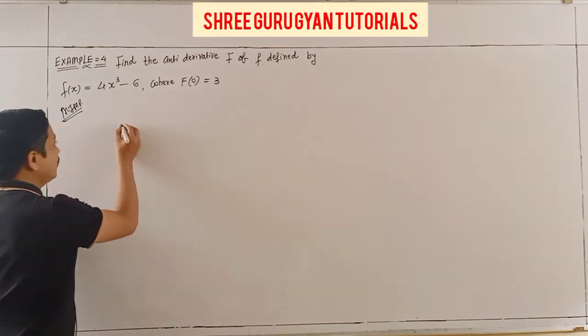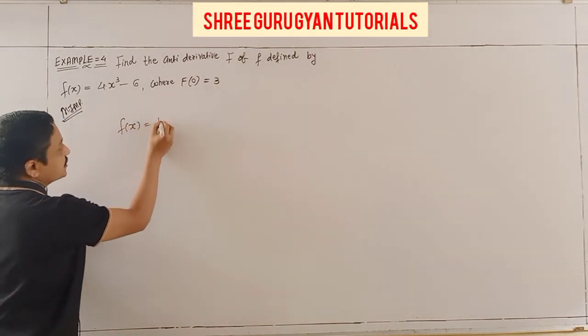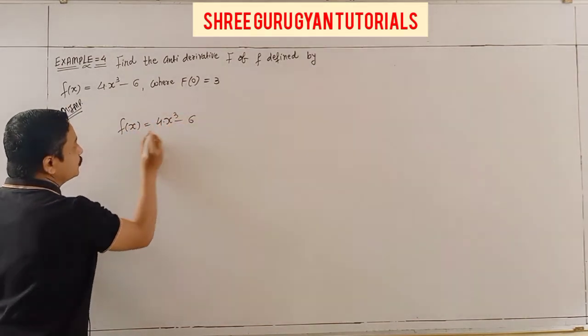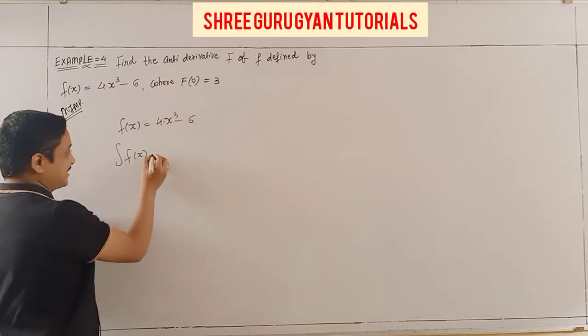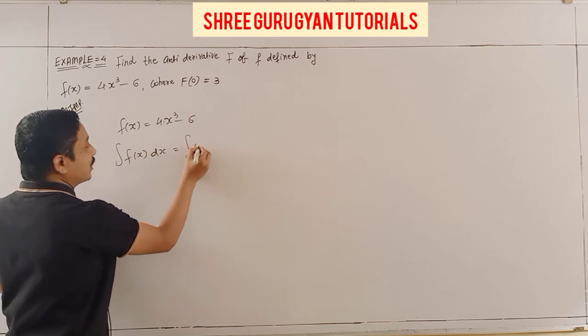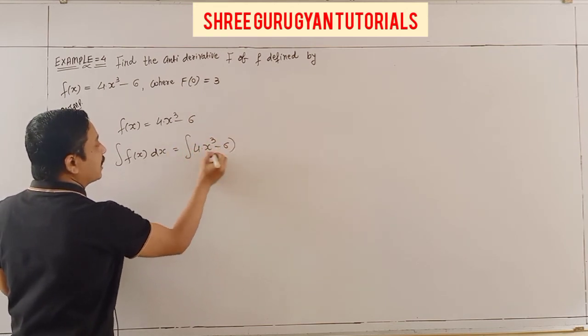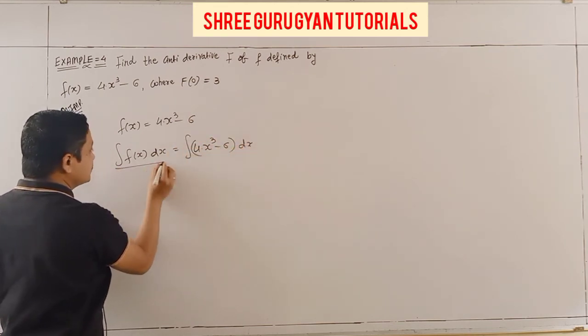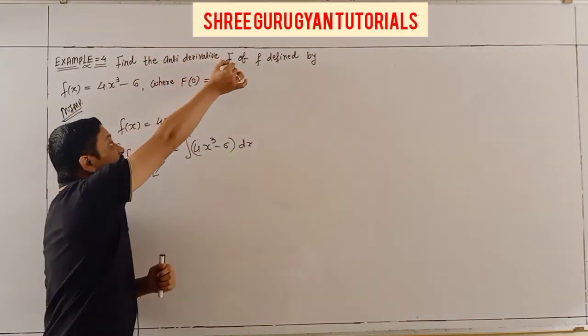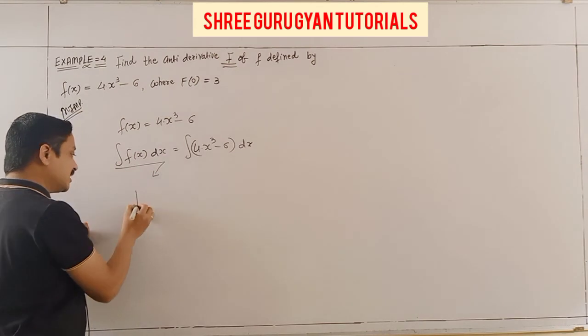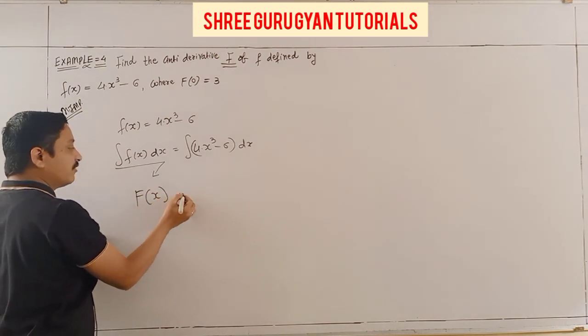So you are taking both sides integration and trying to find out the integration of f(x) dx. Yes, this is also 4x cubed minus 6 dx. So this is the antiderivative of f(x) already given, that it is capital F. So this answer you write down as capital F(x).